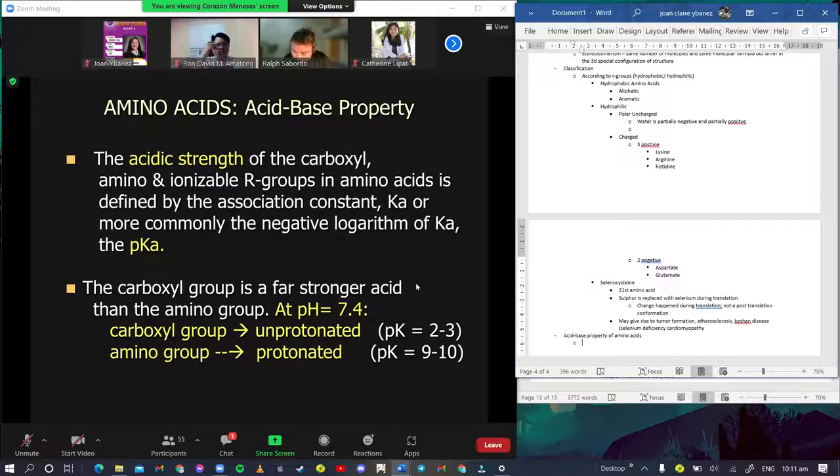So it says here that the carboxyl group has a pK of 2 to 3, and the amino group has a pK of 9 to 10, and the pH of your body environment is 7.4.